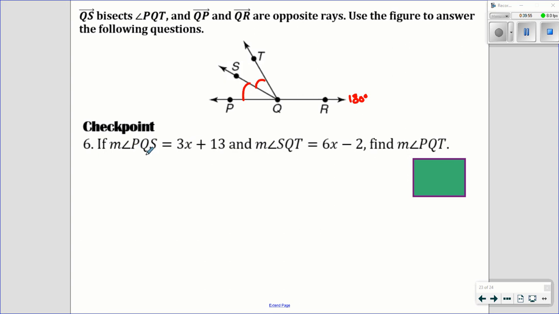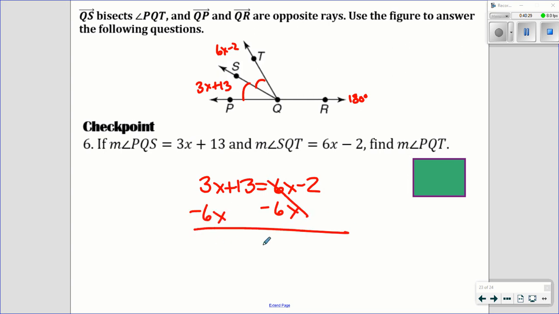If angle PQS is 3x plus 13, and SQT is 6x minus 2, find angle PQT. So we need to find that. These two are equal to each other because they are congruent, because this bisects. Bisects means congruent. So we set it equal to each other, and then we solve.